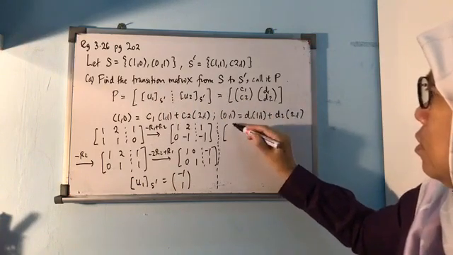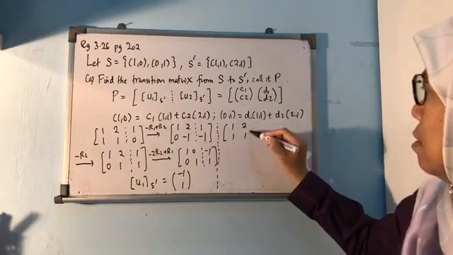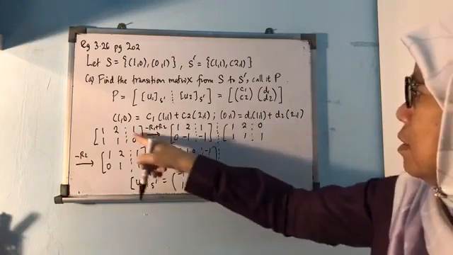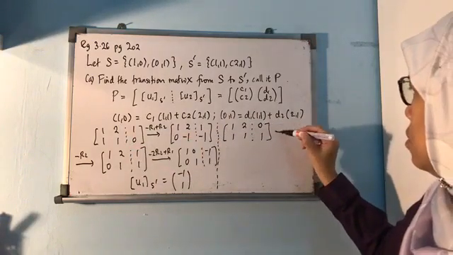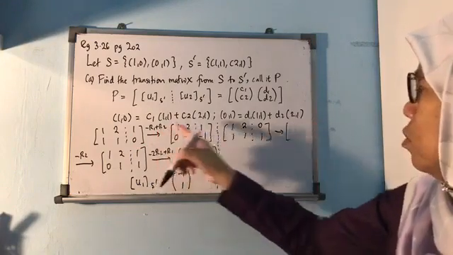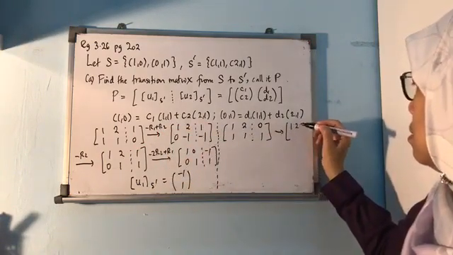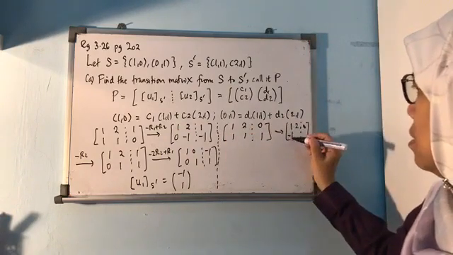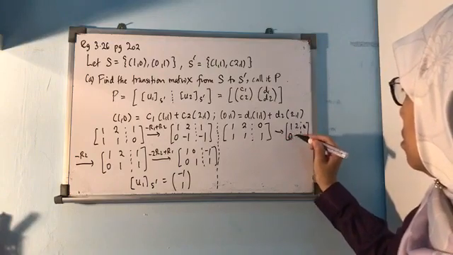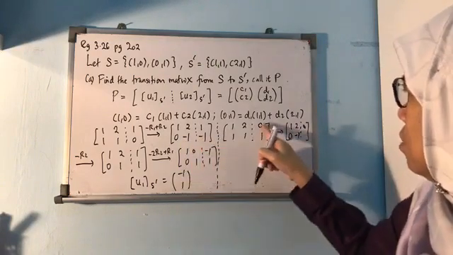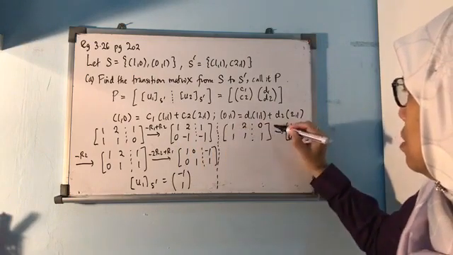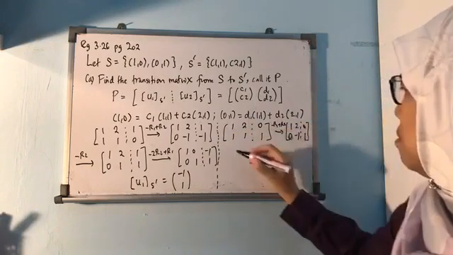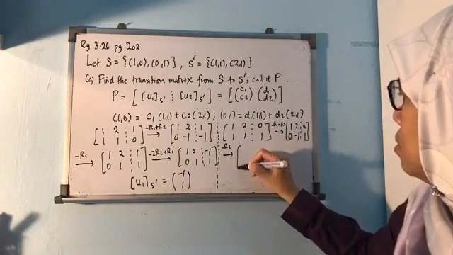You write the same thing, but you change only the right side. You see, you get the same one, only this one is different. So negative 1 and add, you get 1. And then again you get negative R2 because they have the same left.